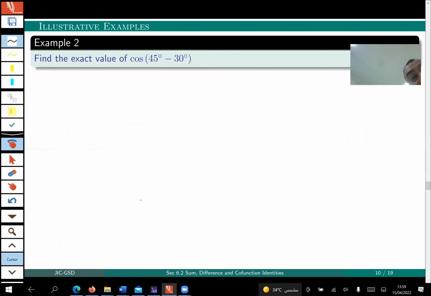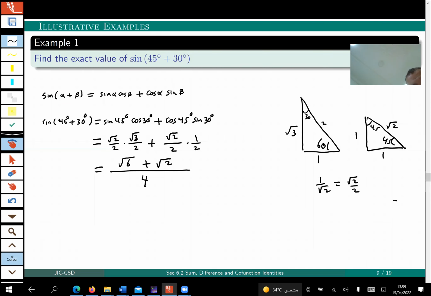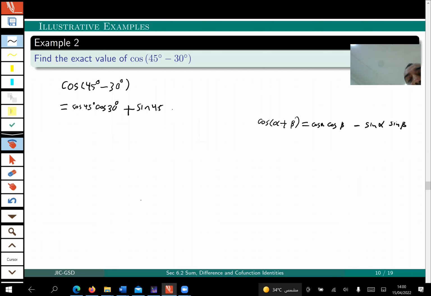The second question, we have cosine of 45 plus 30. So we remind ourselves about the rule: cosine takes the opposite sign, so we will have both cosines, then both sines. Applying this, we get cosine 45 times cosine 30 minus sine 45 times sine 30.